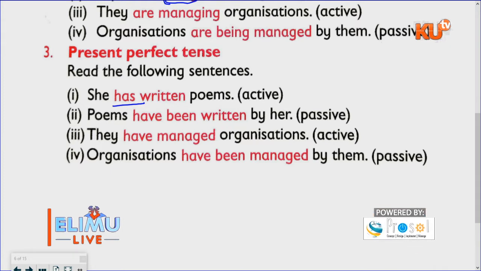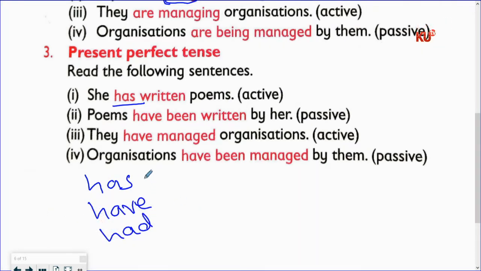When you see these helping verbs, when you see has, when you see have, and when you see had, those indicate perfect tense. Has, the plural is have, and the past is had.